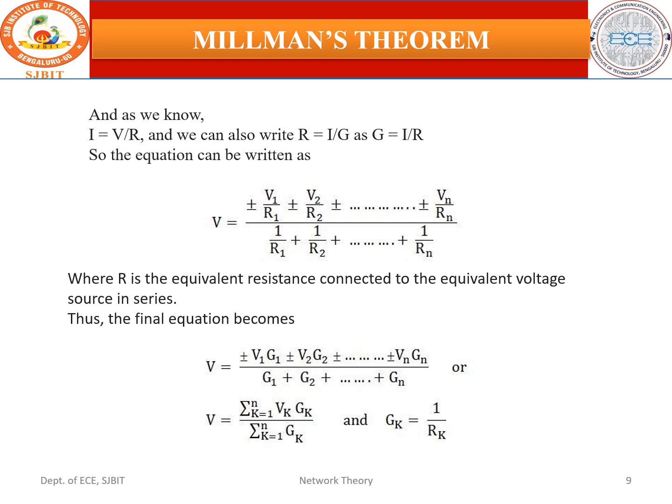So in general, this can be written as V is equal to V1 G1 plus V2 G2 plus V3 G3 etc. up to Vn Gn divided by G1 plus G2 plus etc. Gn. Or you can write it as V is equal to sigma k equal to 1 to n of Vk Gk divided by sigma k equal to 1 to n of Gk, and Gk is given by 1 by Rk.